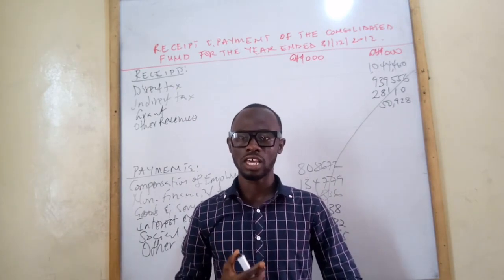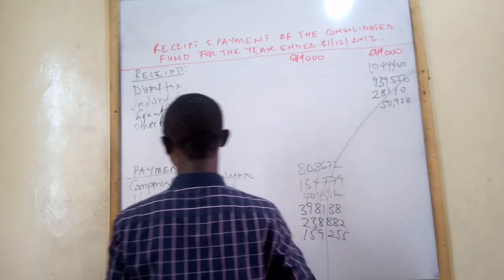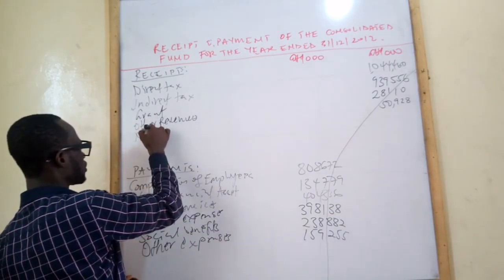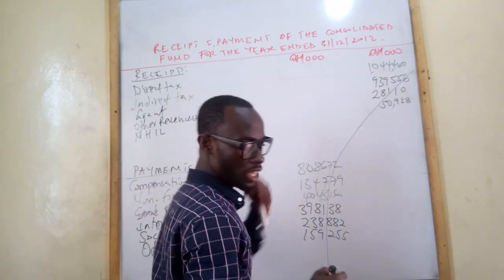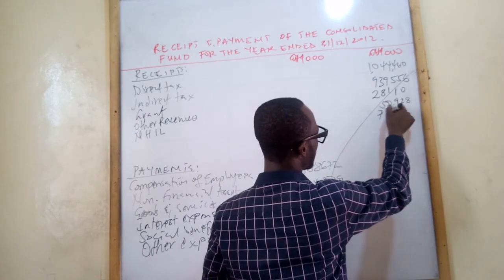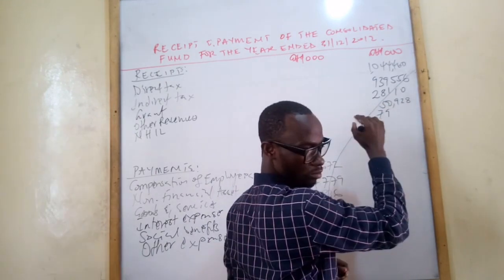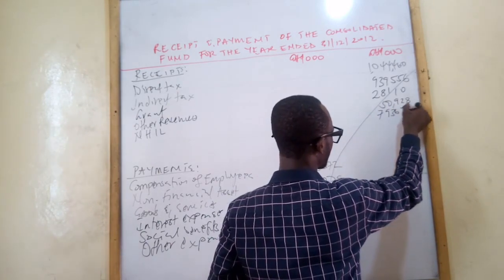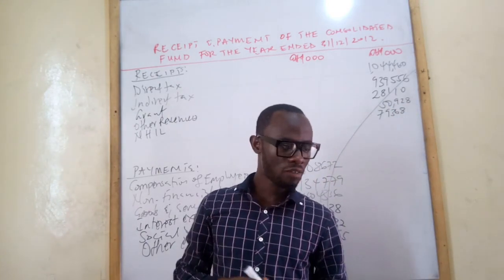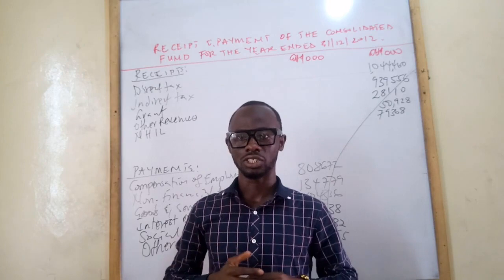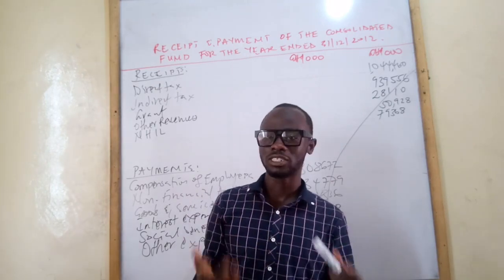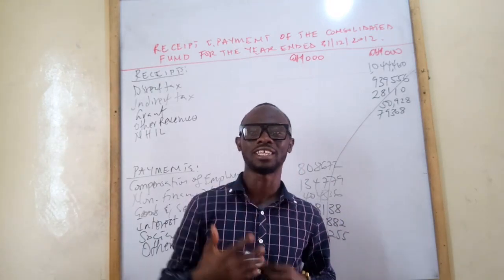Then we have National Health Insurance Levy. National Health Insurance Levy is also a revenue to the government. So National Health Insurance Levy is a receipt into the Consolidated Fund. So 79,368. Then we have depreciation and amortization. Now depreciation and amortization are non-cash items.